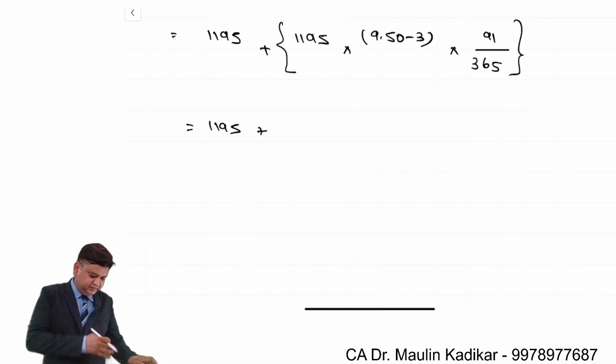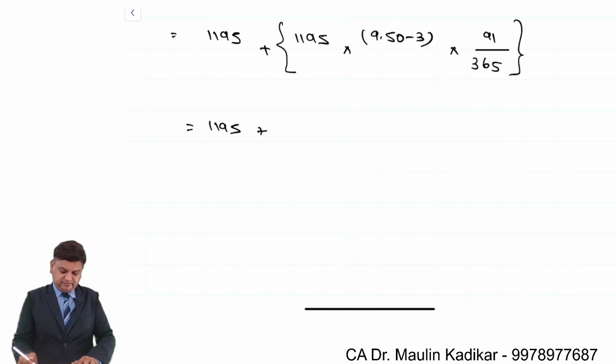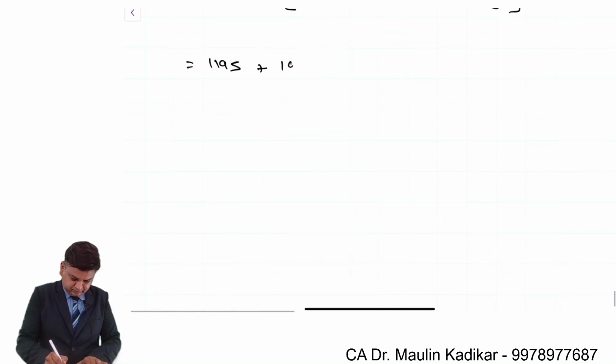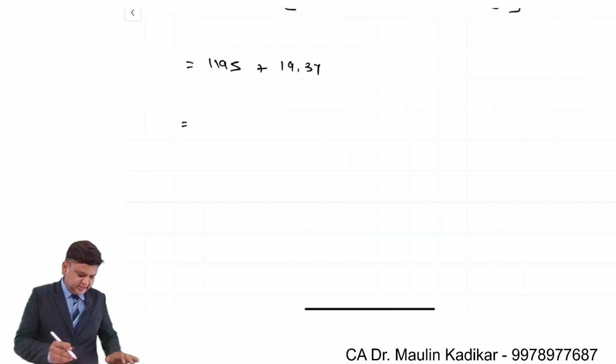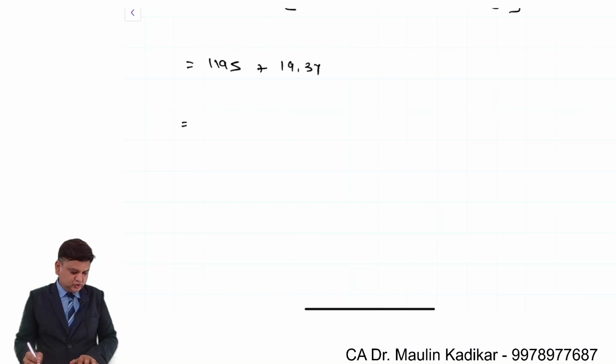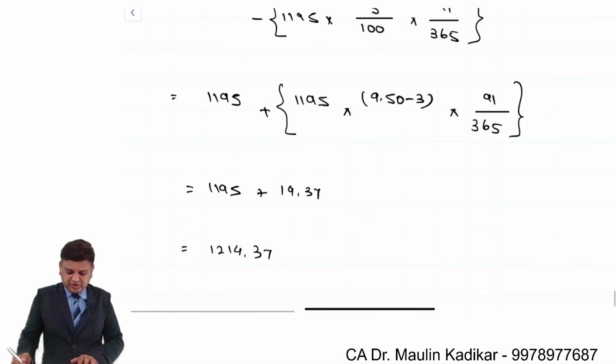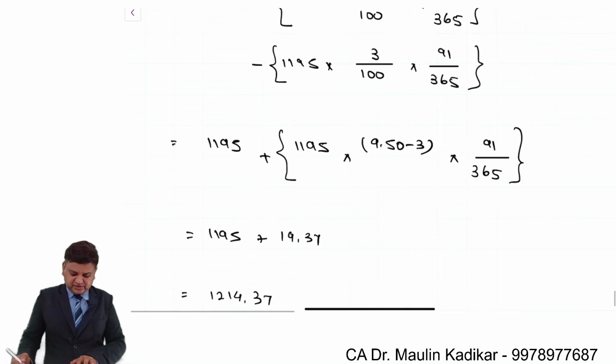So 1195 into 6.5% into 91 divided by 365. So 19.37. Yes, 19.37 plus 1195, so 1214.37. So theoretically the price should be equal to this.